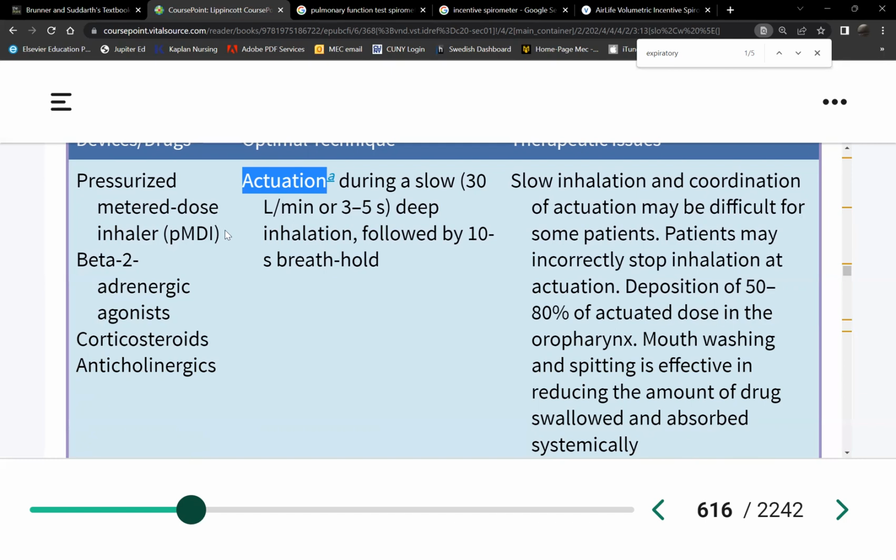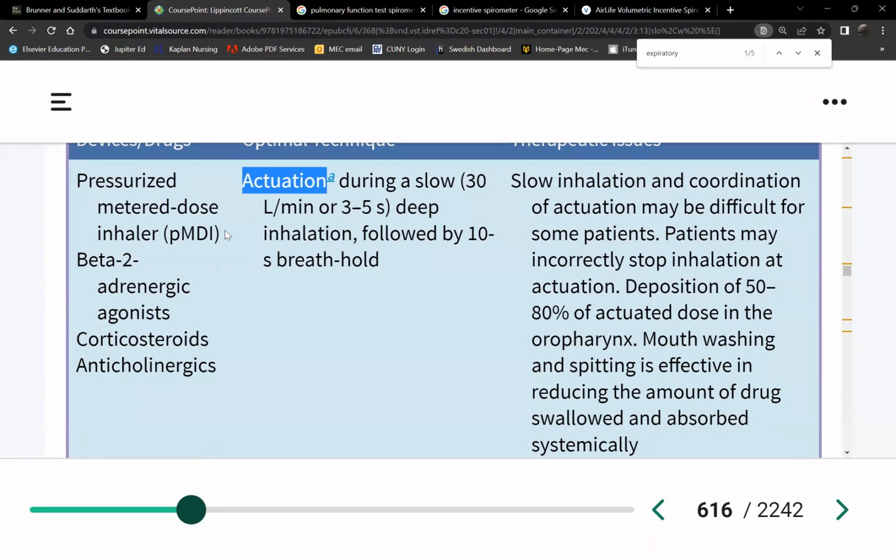So which one is better, a PMDI or an MDI? Because if I have an old patient, can they time it correctly as to when they press the canister and then when they suck the medication in? No. They cannot time it. This one, however, a PMDI, since it's actuated by the breath, when I inhale, it will spray the medication.